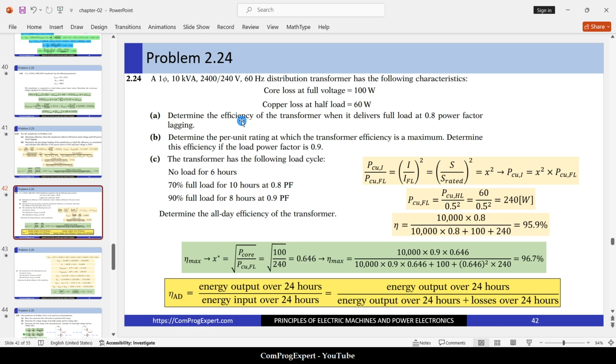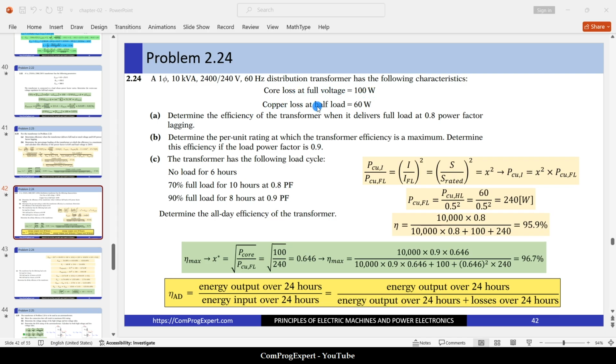Problem 24. A single phase 10 kVA 2400 to 240 volts 60 Hz distribution transformer has the following characteristics. Core loss at full voltage is 100 watts.